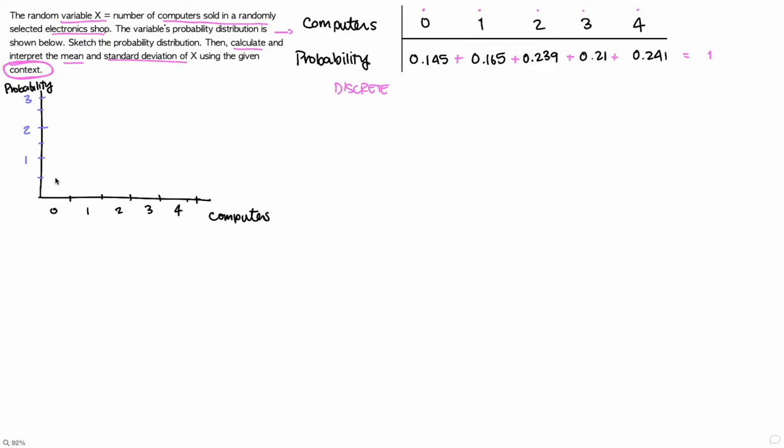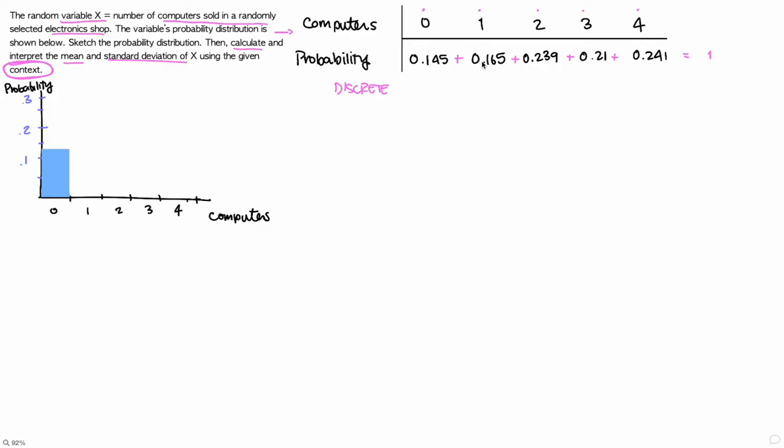So for 0 computers, that's 0.145, so that is going to be fairly small here. And then for 1, that's 0.165. Sorry, it makes more sense if the axis is 0.1, 0.2, and 0.3, right? So again, this one is 0.145, so I should probably do this one again.